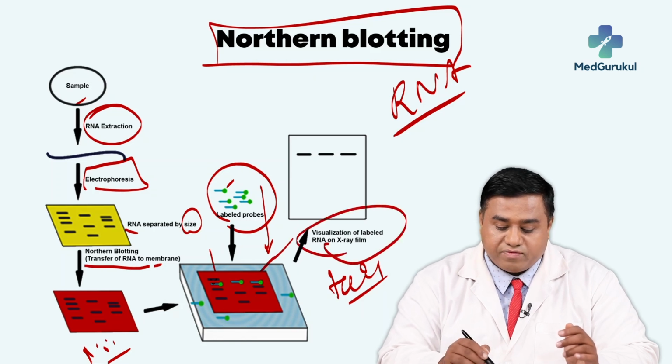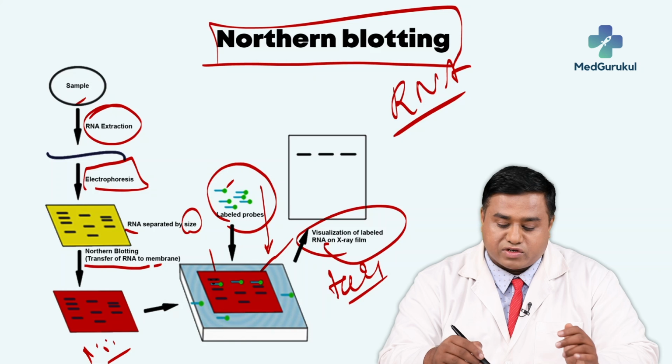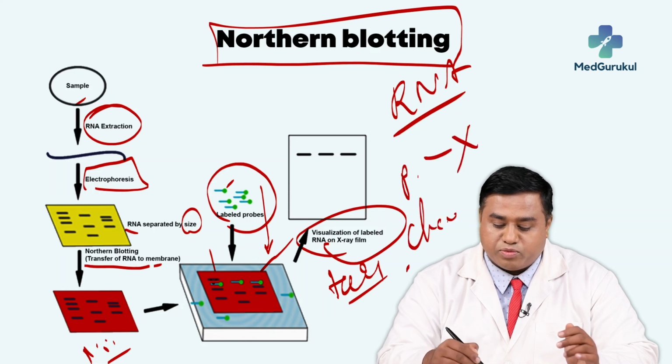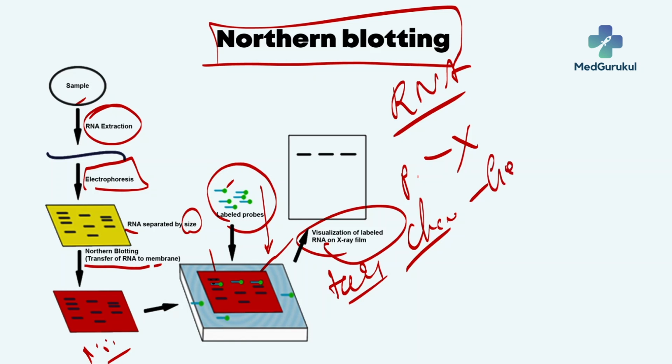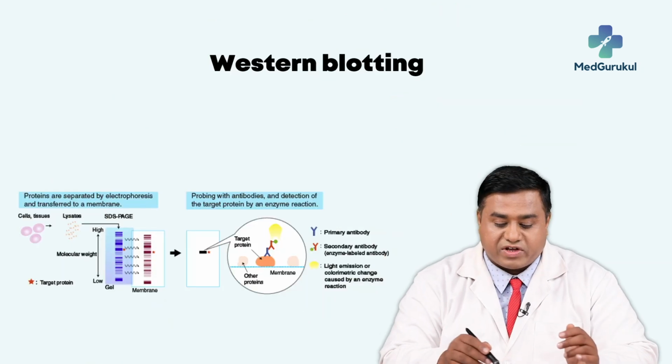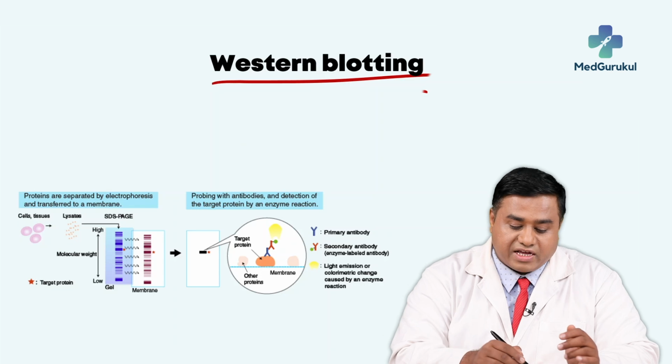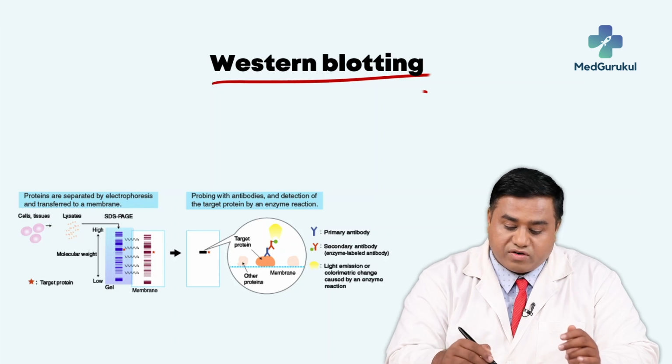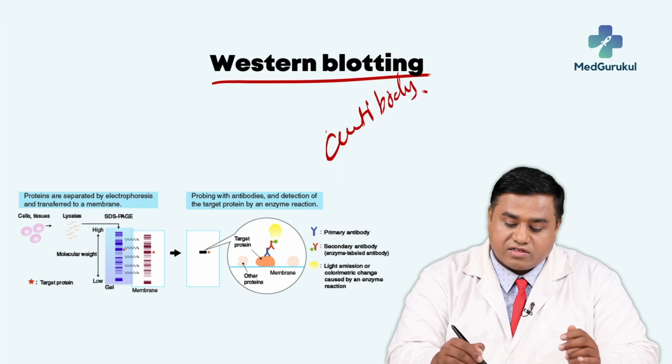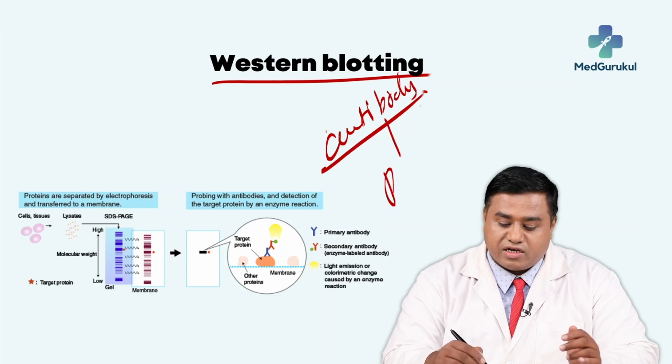Initially, if it was radioactive, it was read out on X-ray film. Now with chemiluminescence, we read it out in a gel doc or gel documentation system. Similarly, for western blotting, the probe is nothing but an antibody produced against the protein of interest.